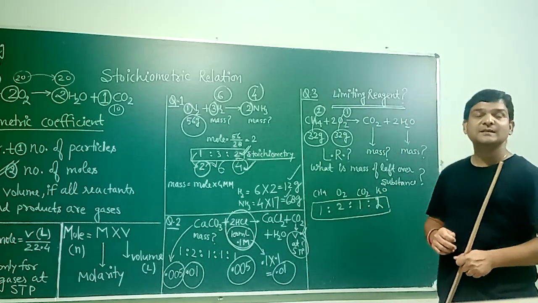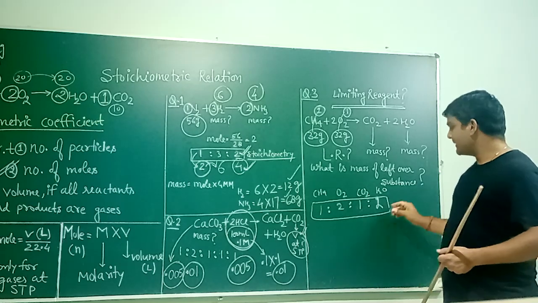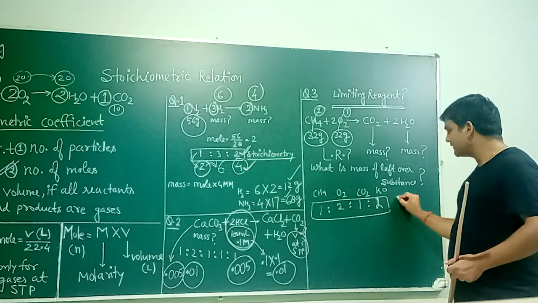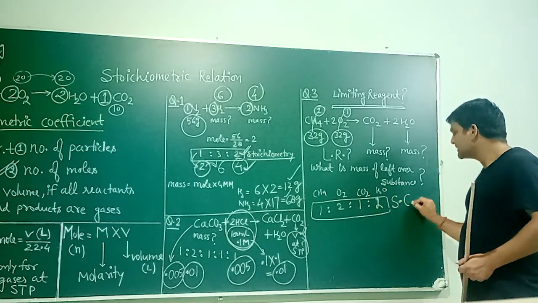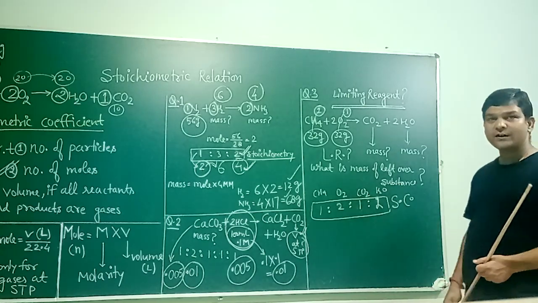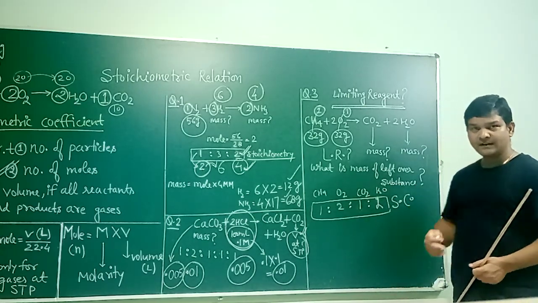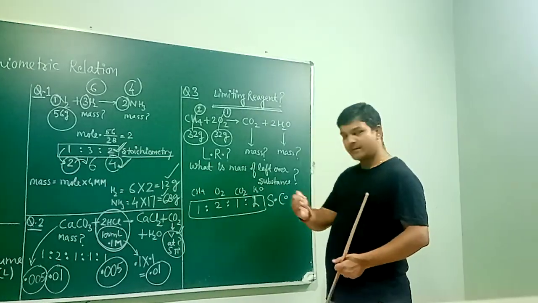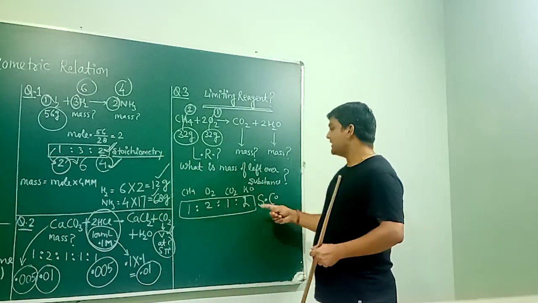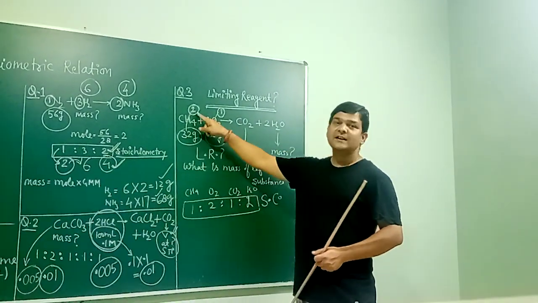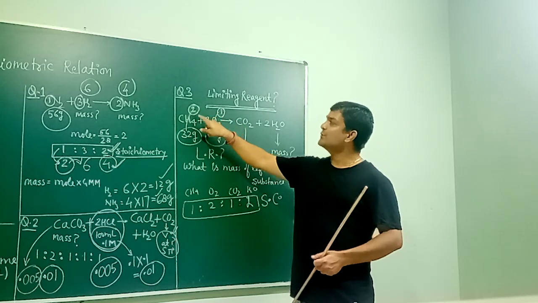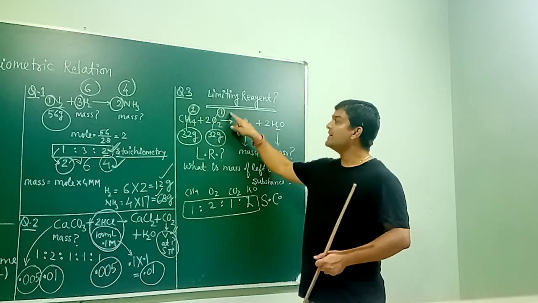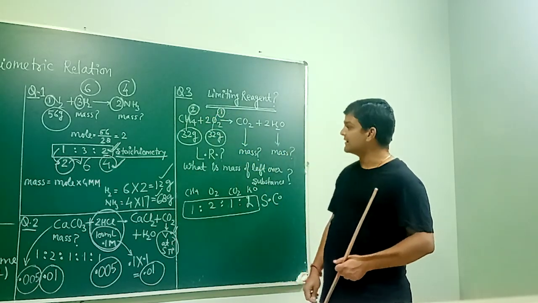This is as per given question. I repeat, this is balanced chemical equation. They are known as stoichiometric coefficients, and this is given amount in the question: 2 moles of methane and 1 mole of oxygen.